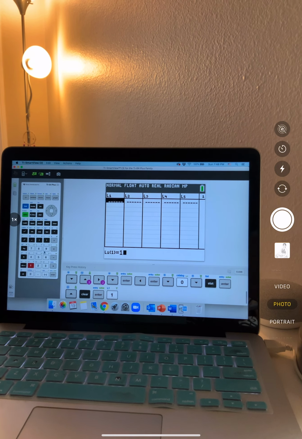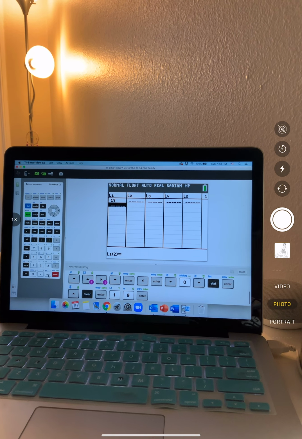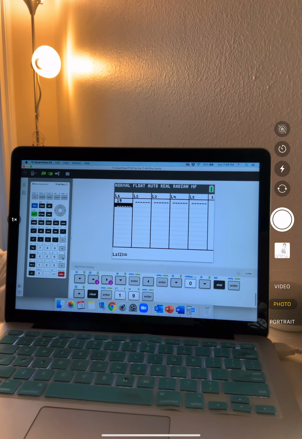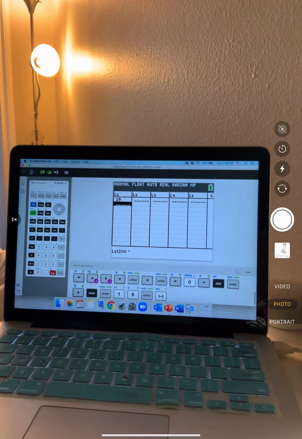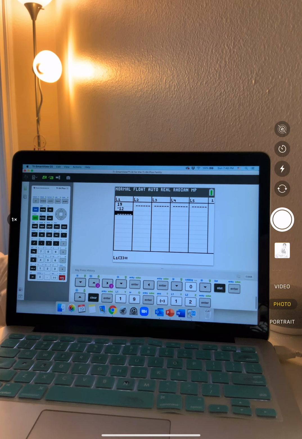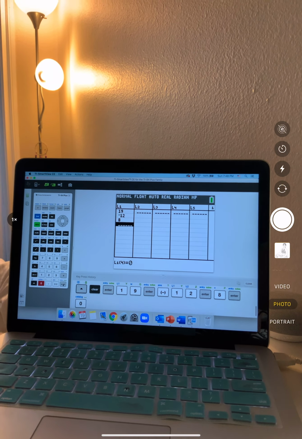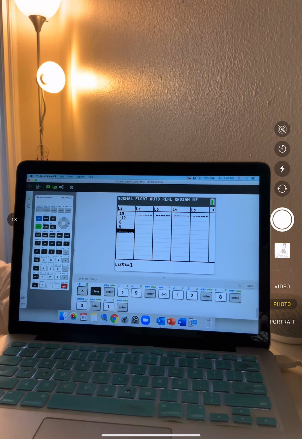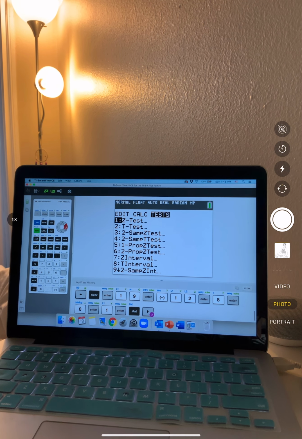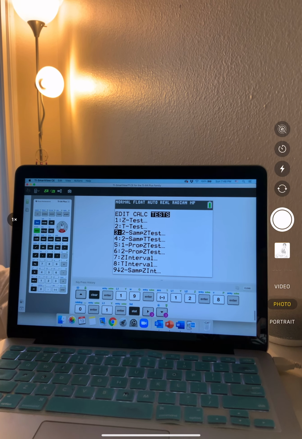So first one was a 19, second one was a -12. Use this negative here. Do not use this negative. That's a subtraction operation, so you'll get an error. So this is a number negative, -12. And then 8, 0, 1. Okay, so again, stat, test, t-test.